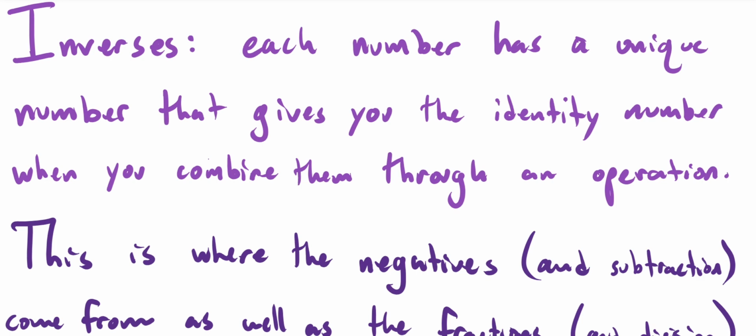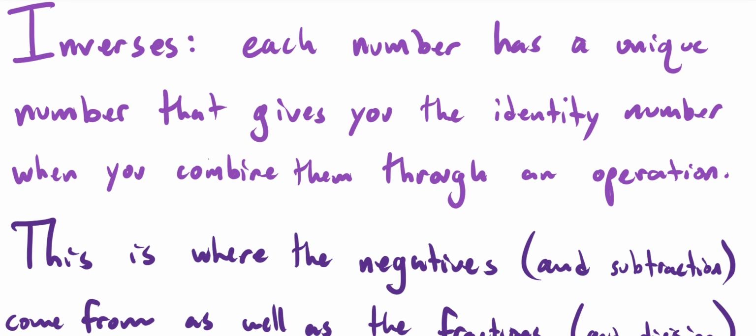Each number has a unique number that will give you the identity number. We talked about identities last time, right? The identity of addition is 0, because when you add 0 to something, it doesn't change. Likewise, the identity of multiplication is 1, because if you multiply something by 1, it doesn't change.